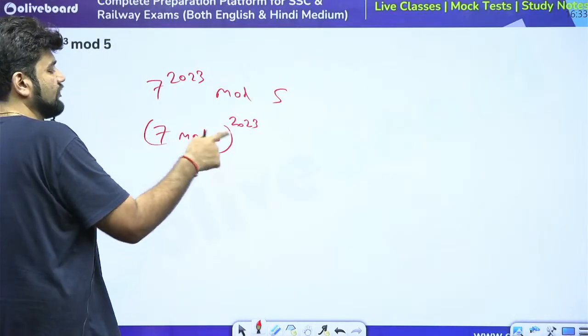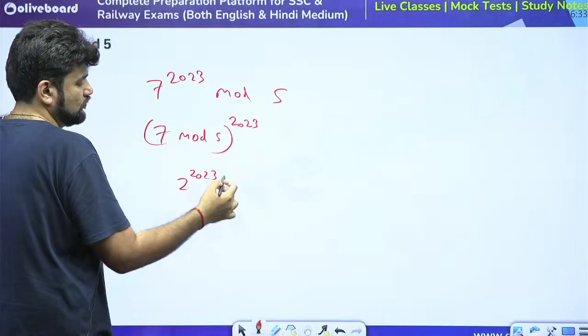Now 7 mod 5 is 2. So this is nothing but 2 power 2023 mod 5.